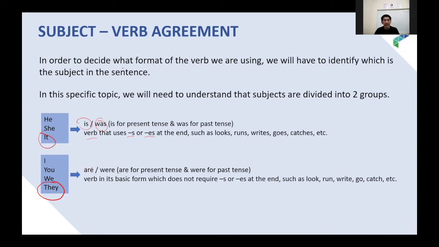And in that case, we will have to use are or were. Are for present tense, were for past tense. Now, if you cannot see are or were, we just use the verb in its basic form, the one that doesn't require s or es at the end.